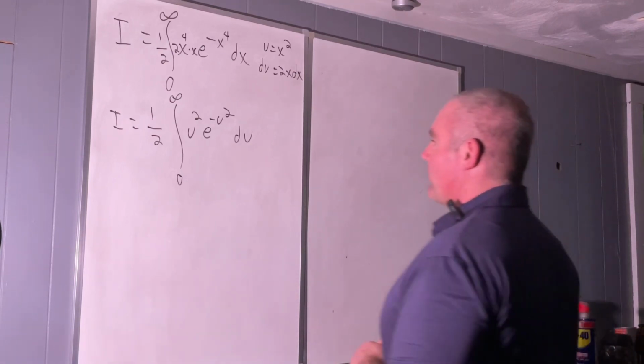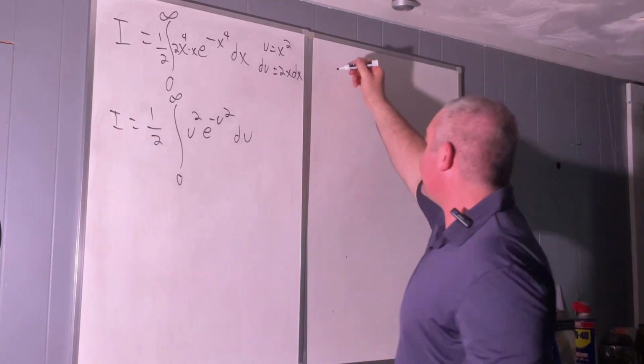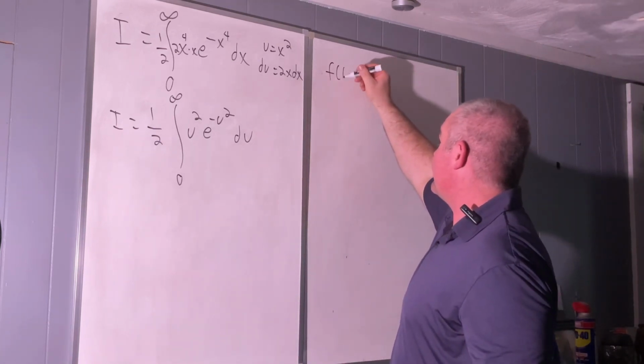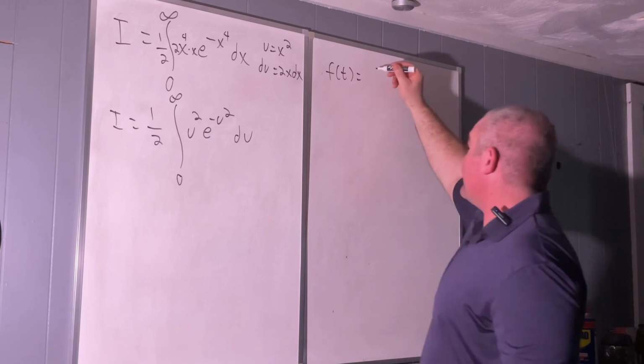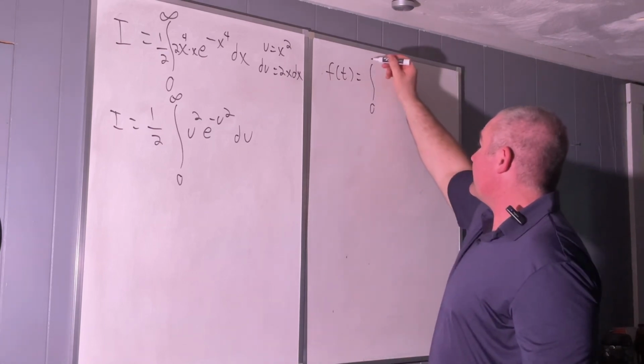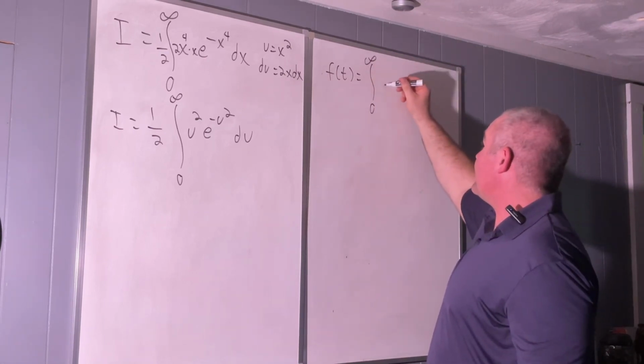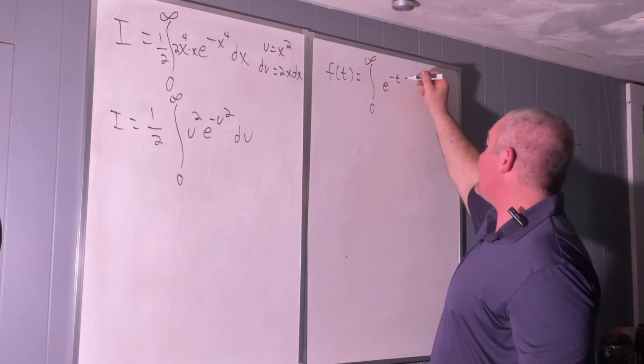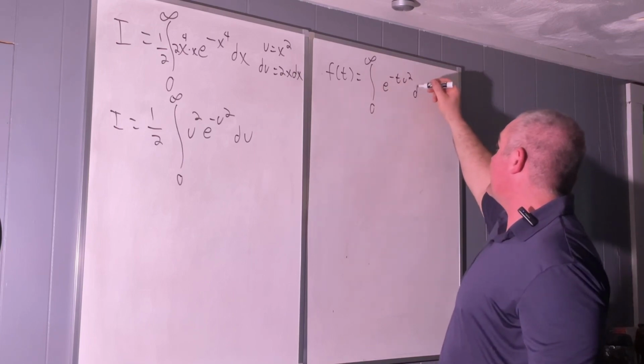Instead, what we are going to do is create a function of t that's equal to the integral from 0 to infinity of e to the negative tu squared du.